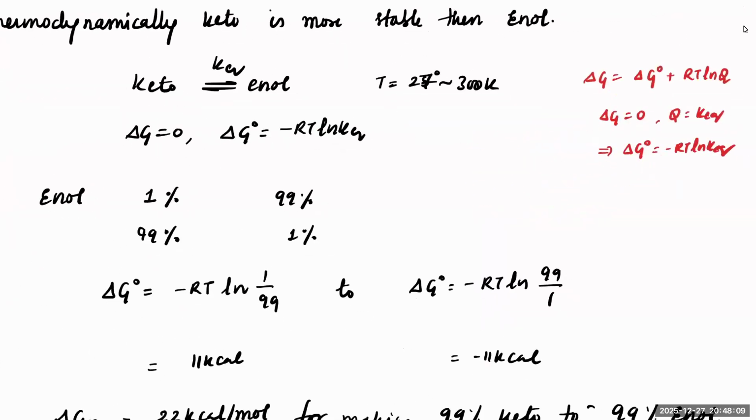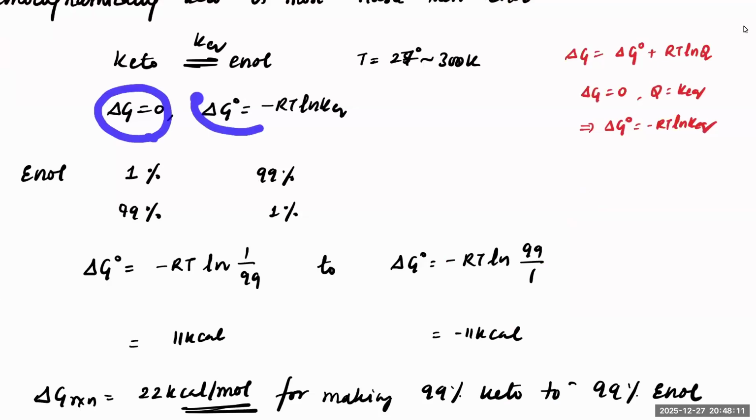And that's what I have written here. Imagine these two cases: 1% of enol and 99% of ketone, and 99% of enol and 1% of ketone. When you have 99% ketone and 1% enol, K equilibrium will be 1 divided by 99. And when ketone is 1% and enol is 99%, then it is 99 by 1.